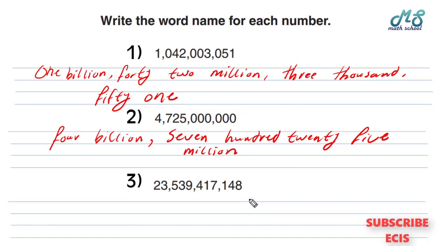Next, we have 11 digits. How many billions? 23. So you have to say 23 billion, 539 million, 417,148. It's a long number.